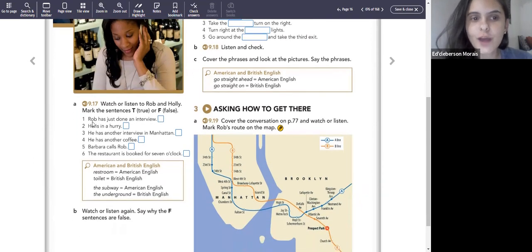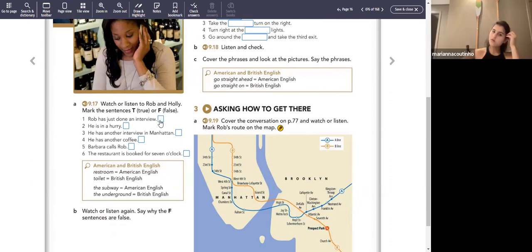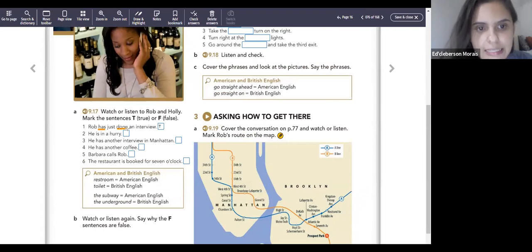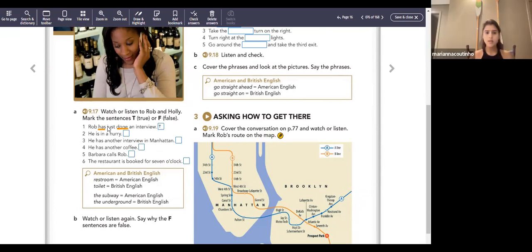So, Mari, Rob has just done an interview. True. It's true. Awesome. And look at here. Has done. Is it simple past or present perfect? Simple past. Are you sure? Look at here.